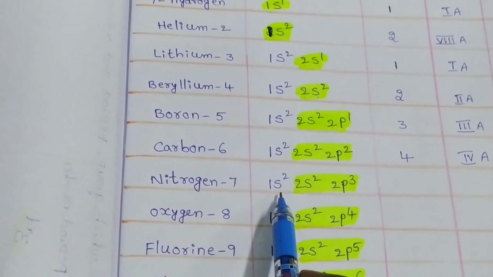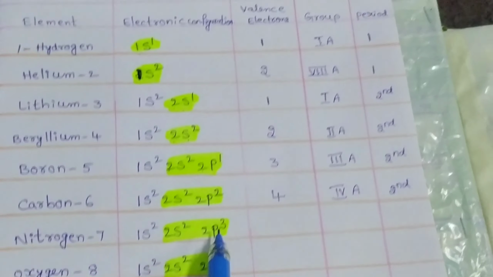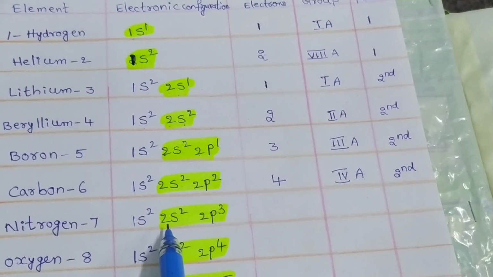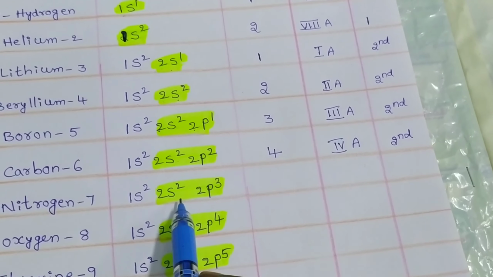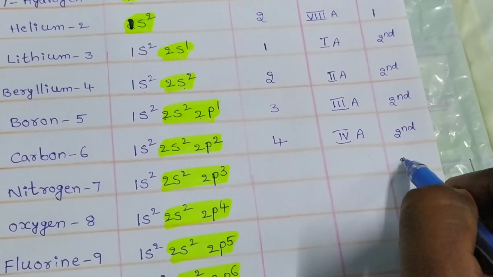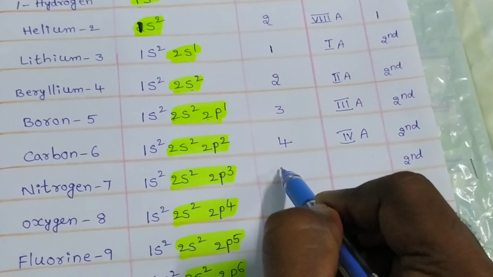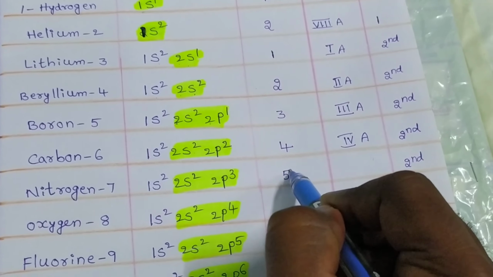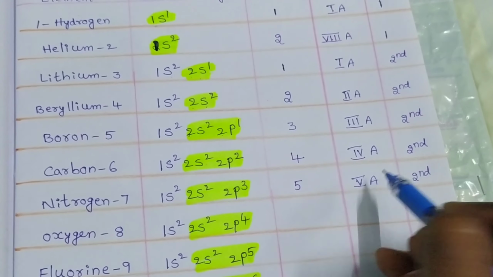Nitrogen. Electronic configuration is 1s2 2s2 2p3. The outermost electrons of nitrogen are in the second orbit, so it belongs to second period. Valency electrons are 5, so nitrogen belongs to 5th A group.